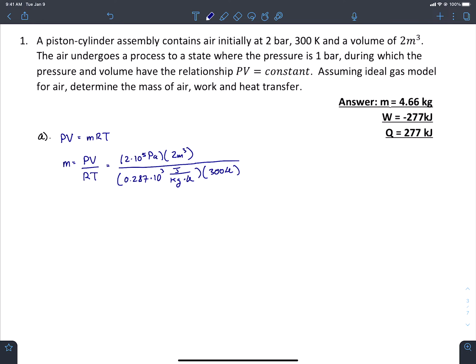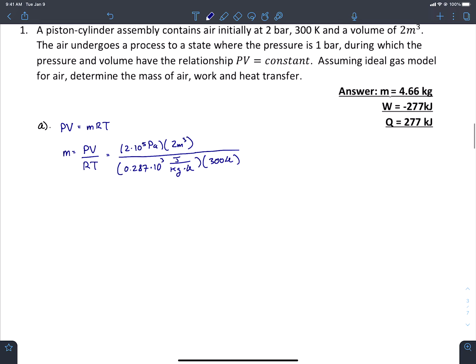I realize I just might have fudged the units, but anyway. So calculating this, you'll get 4.6576 kilograms, just rounding that out.